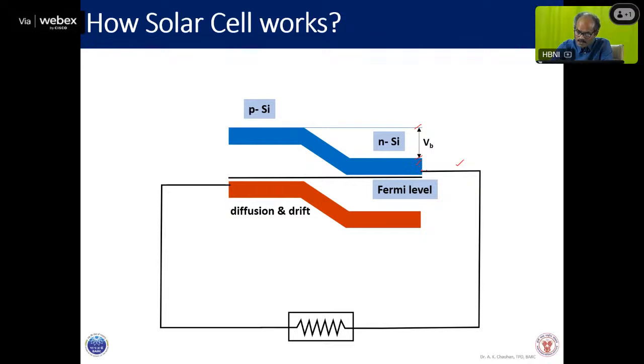So here also you are joining a metal with the semiconductor. So now you will have two back-to-back Schottky diodes, and therefore even if some current is generated, or even if you apply a battery in this circuit, it will not give any current.